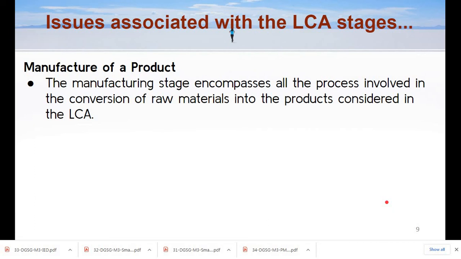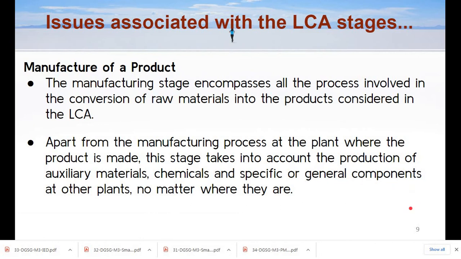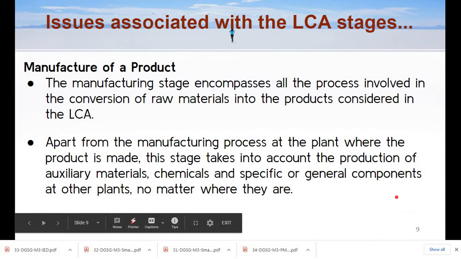The second stage is the manufacturing of the product. So it involves the raw material plus other energy, water, etc. So you have to look into the production of auxiliary materials, chemicals, and whatever outputs it produces.